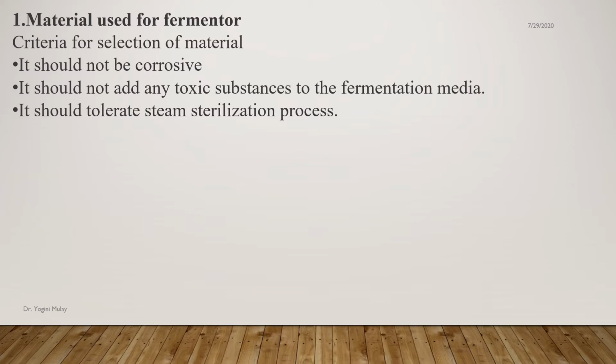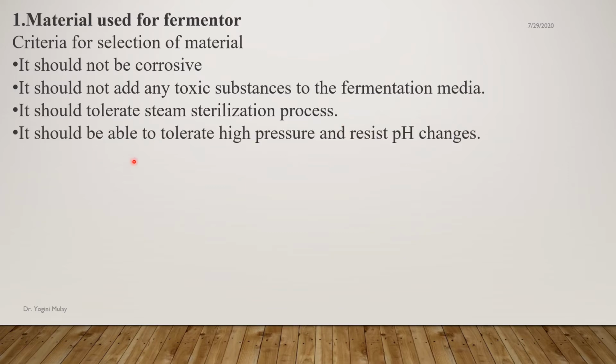And very important is that the material used for the construction of the fermenter should be able to tolerate the steam sterilization process, and it should be able to tolerate high pressure, as well as it should resist pH changes. It should not be affected by change in the pH.